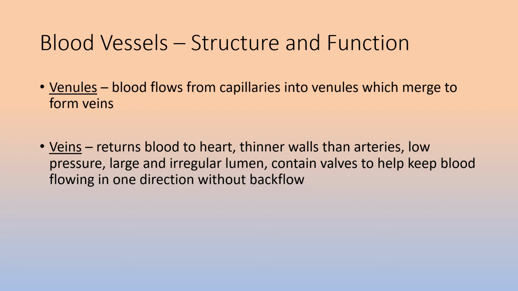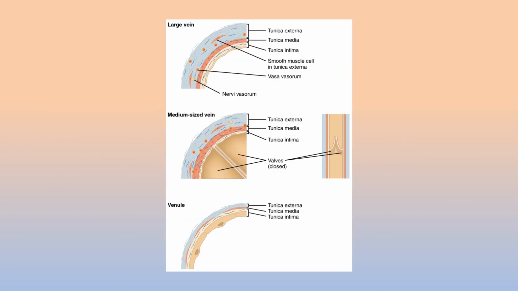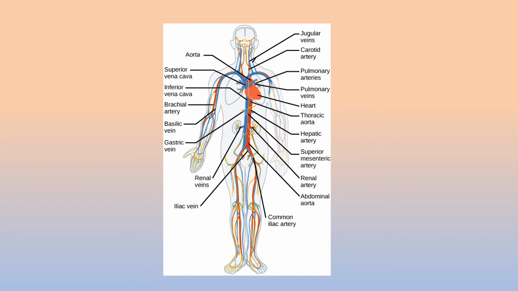You want to go just on the side of it. You don't want to penetrate the valve. So that's what they're feeling for. So this shows you a comparison of the thickness of the walls of the venule and the various sizes of the veins. So the veins are going to get larger in diameter the closer you get back to the heart.